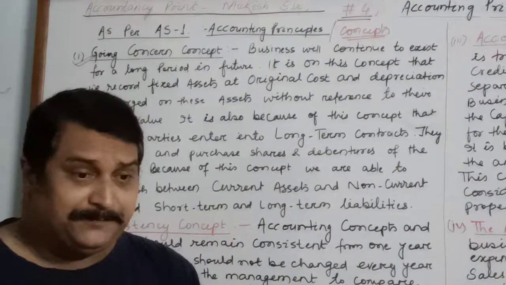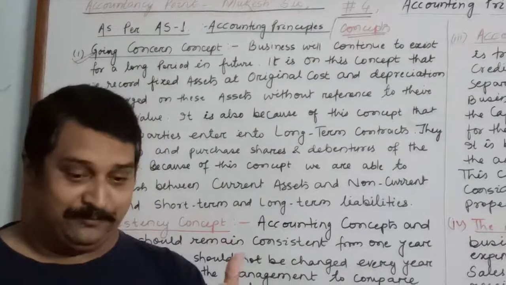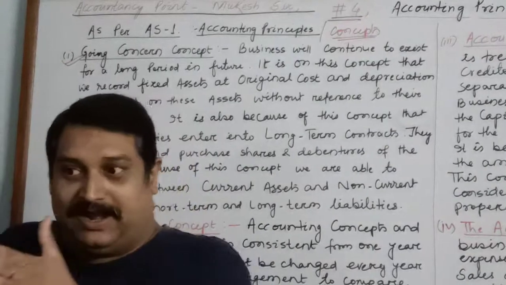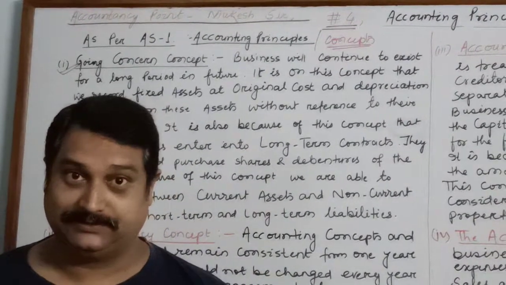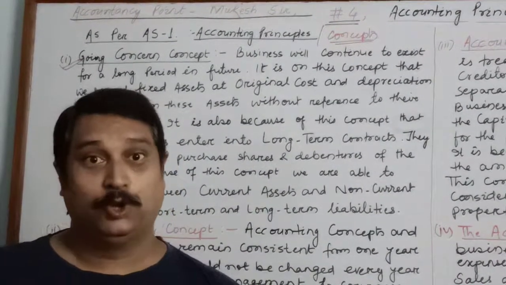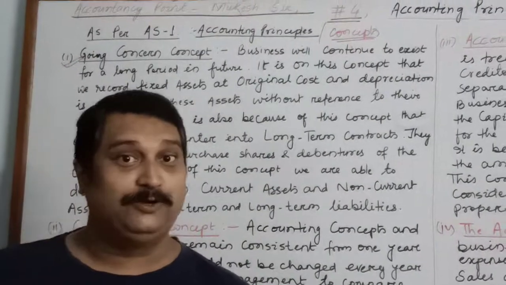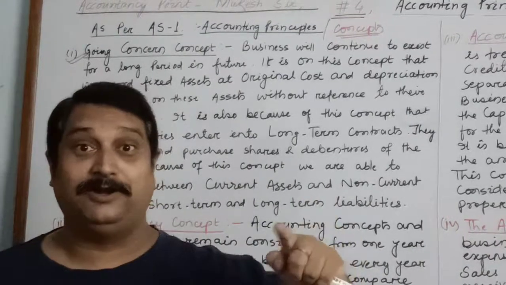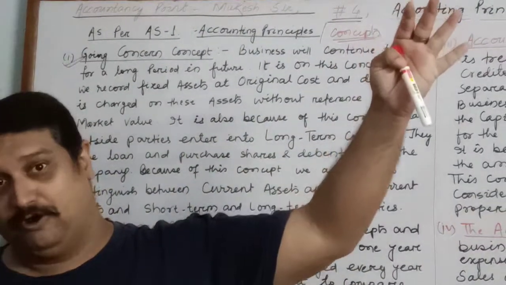Now, it is because of this particular concept that we are able to create a borderline between the current assets and non-current assets. Current assets are those assets which can be converted into cash within 12 months, and non-current assets are those which will continue for a very long period of time.